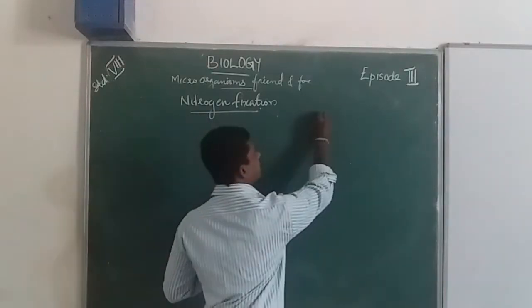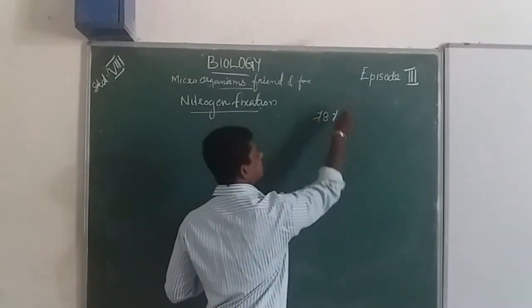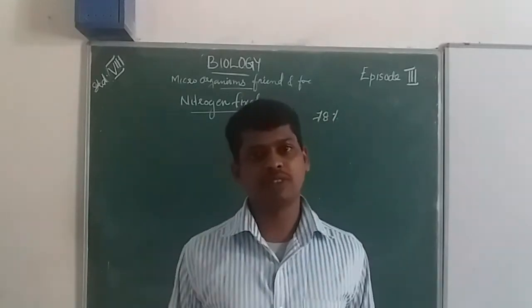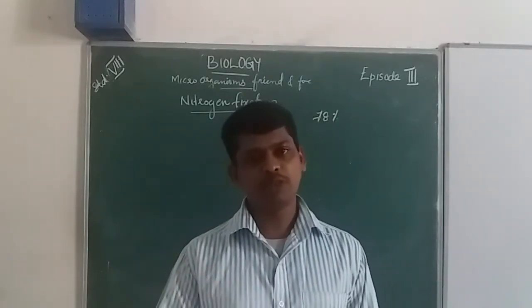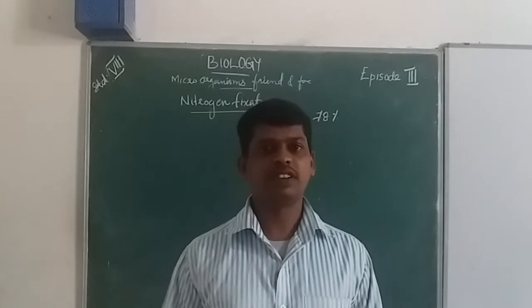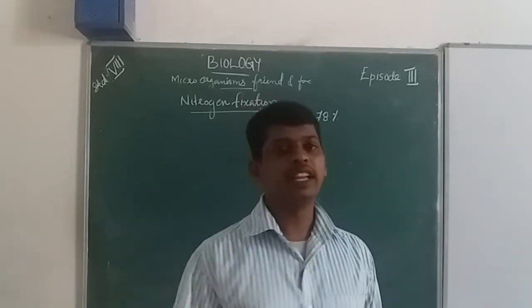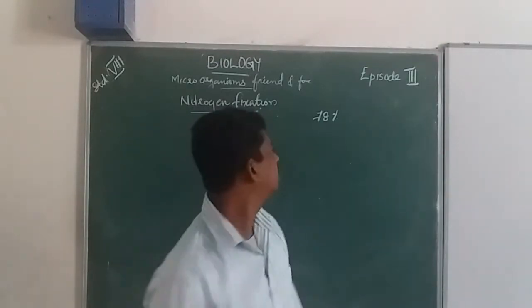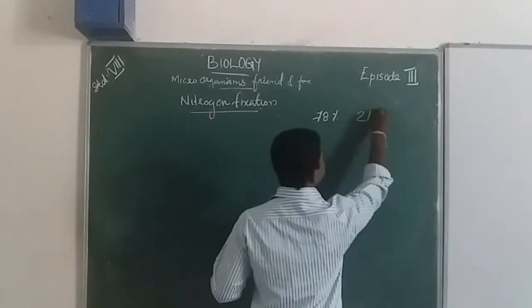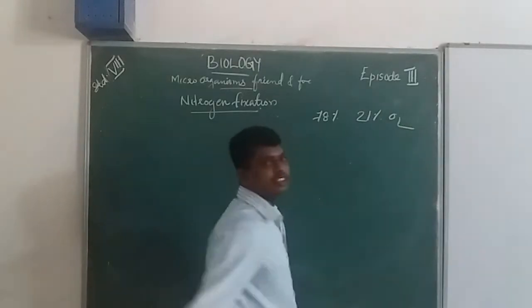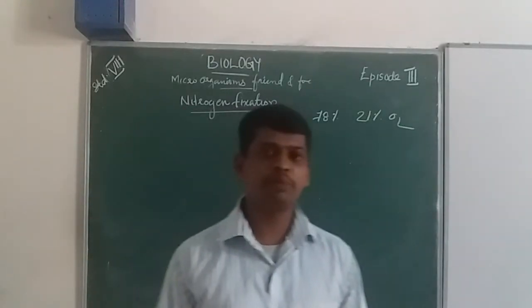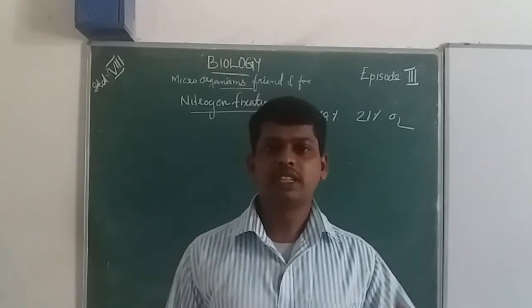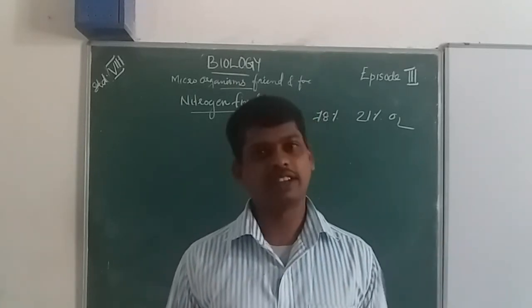Around 78% of the atmosphere is filled with nitrogen. 21% is oxygen, and the remaining is carbon dioxide, some other dust particles, etc.